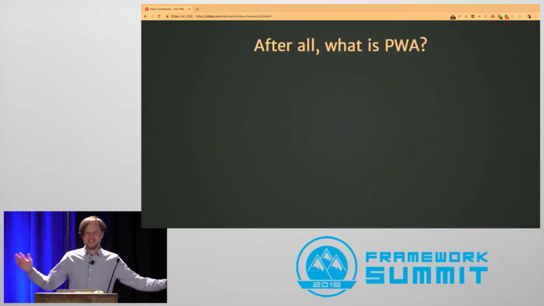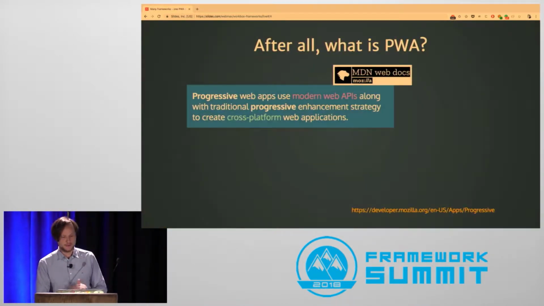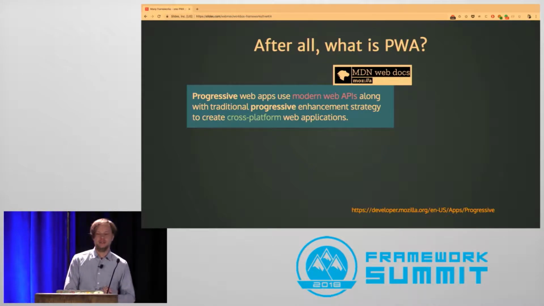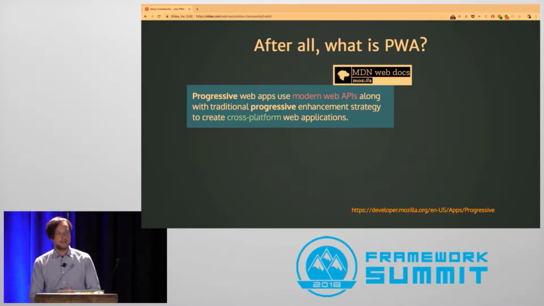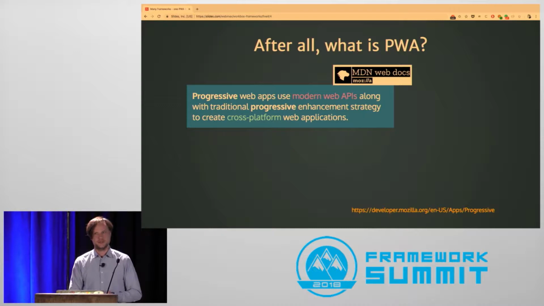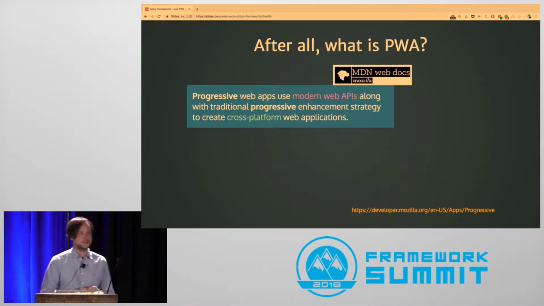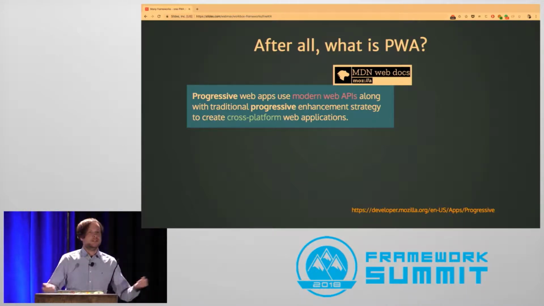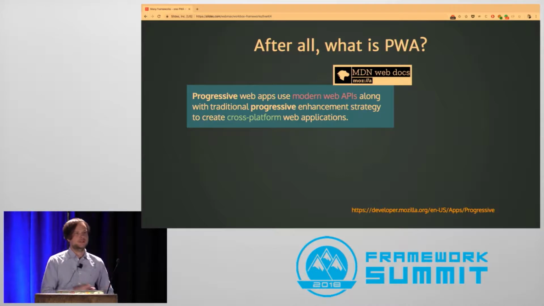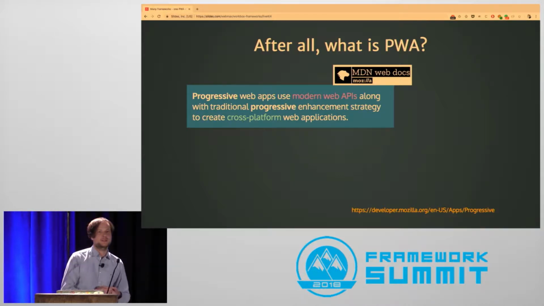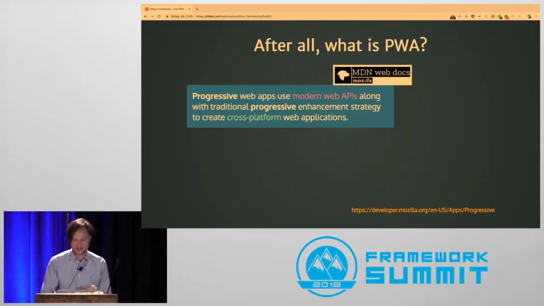After all, what is this? And we'll refer to the definition given in Mozilla Developer Network. I believe you all know that this is the best source of the documentation about JavaScript and browser APIs. So basically, this is just the fact that we use the latest and the greatest possibilities given to us by modern browsers, right?